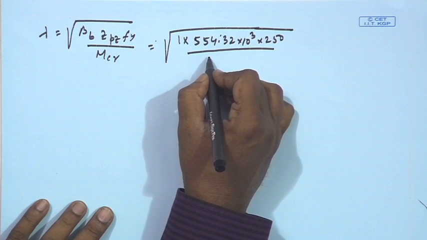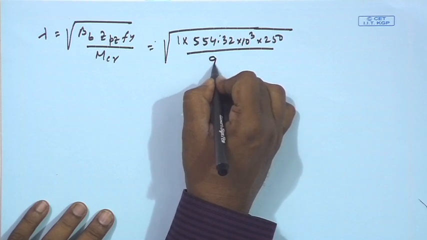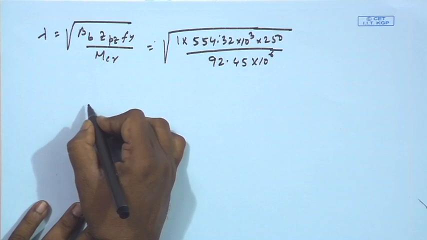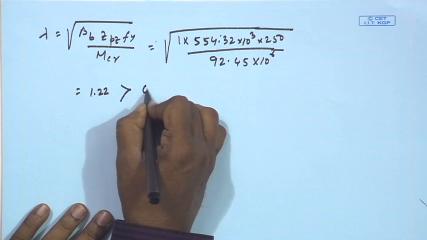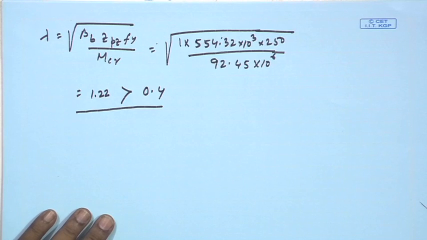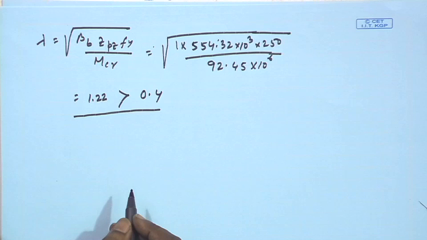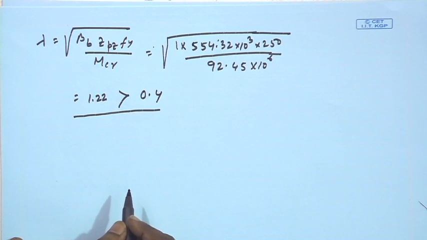We are taking the lesser one to get higher lambda LT, so that the lesser FBD value is obtained. So, 92.45 into 10 to the 6. So, this value is coming 1.22 and it is more than 0.4. So, we know if lambda value is more than 0.4, then the effect of lateral torsional buckling has to be considered. So, the non-dimensional slenderness ratio we could calculate as 1.22, which is more than 0.4, and as it is more than 0.4, we have to consider the lateral torsional buckling effect.